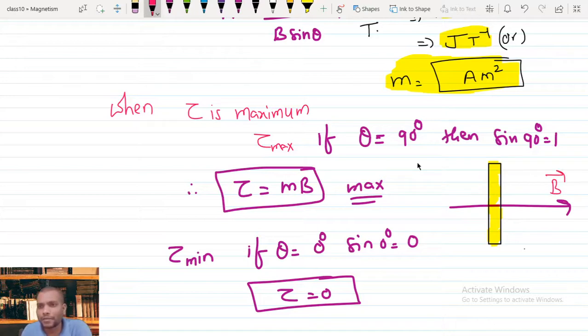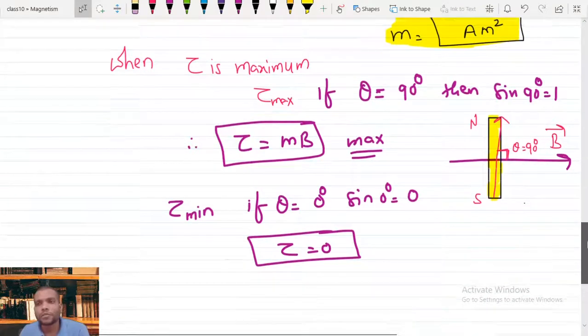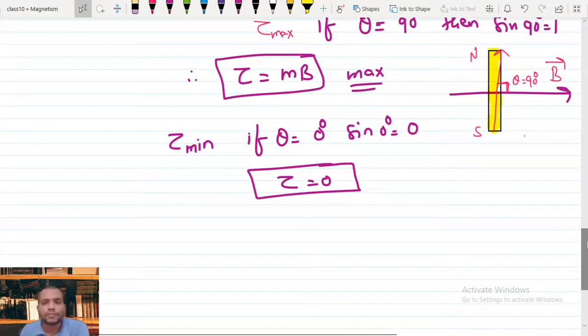If you take north pole and south pole, magnetic moment is always from north to south. Now the angle here theta equals 90 degrees. In this case the bar magnet will align, and more force will act on it.